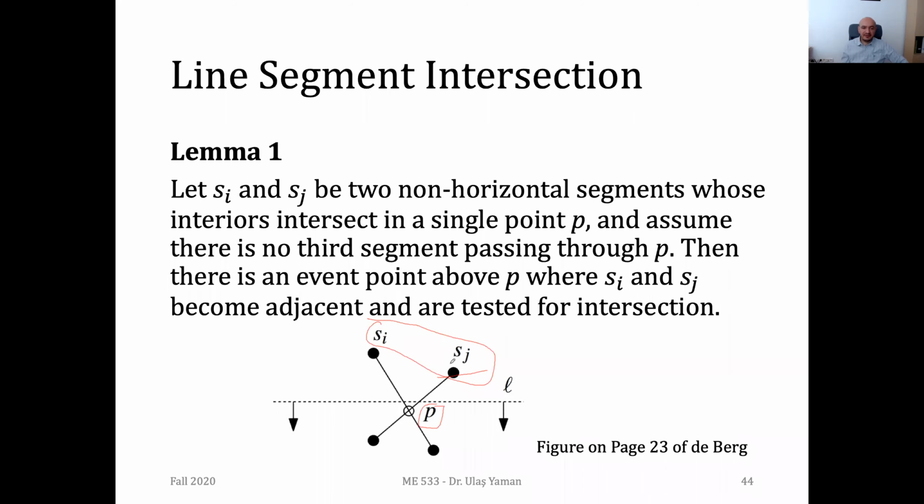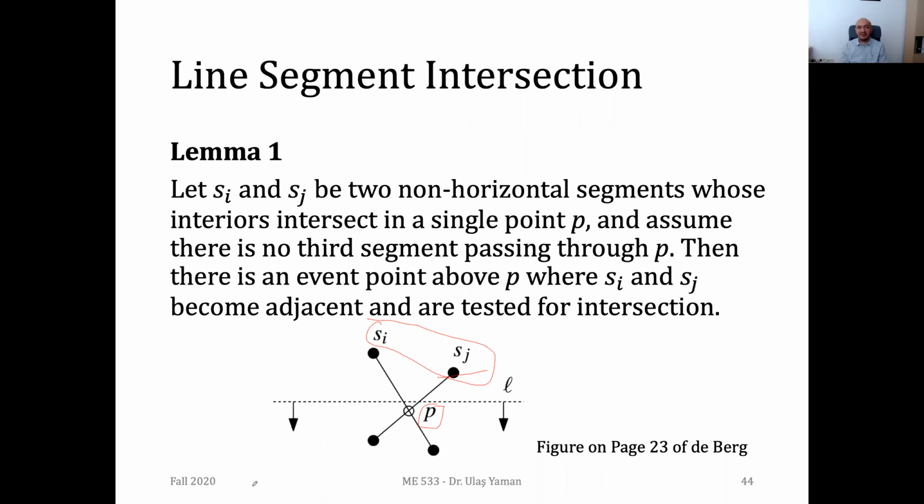And this actually covers our first lemma. If you have two line segments intersecting with each other, and they're not horizontal, and there is no third or fourth line segment going through the same intersection point, then these two line segments must be neighbors at some point above the intersection point.